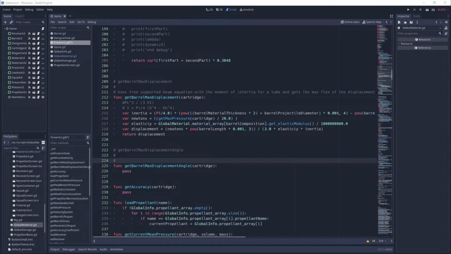I have it saved, but it's not really going to be helping that much yet.